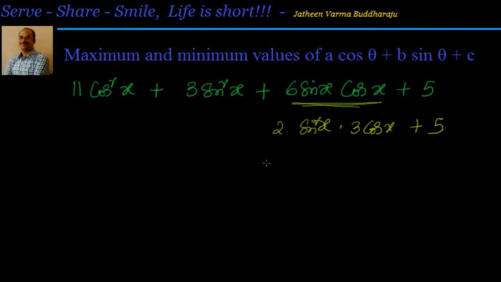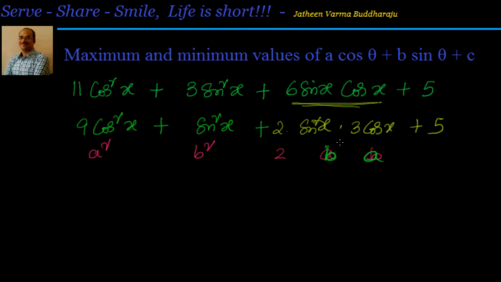Now if this term is the 2ab term, what will be my b square and my a square? Let's look into that. Okay, I think I have swapped them. This is b and this is a. So a will be 3 cos x, so it becomes 9 cos square x, plus b is sin x, so I will have sin square x.